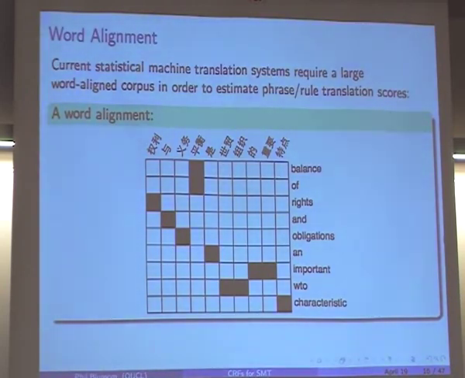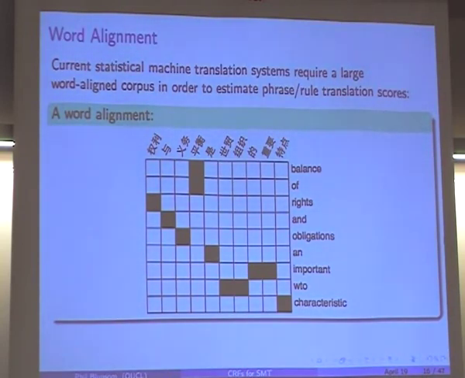The most popular one is called Giza++, and that gives us lattices like this that we can then learn our translation models from. In this section of the talk, I'll talk about, instead of using these generative models, whether we can use a conditional model. This means that we're talking about supervised learning of alignment. So we need some hand-annotated word alignments, and from those we're going to learn this process.